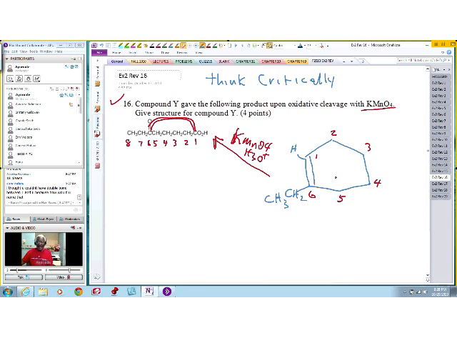Anybody want to try? I will give you the base name: cyclohexene. So that would be ethylcyclohexene.